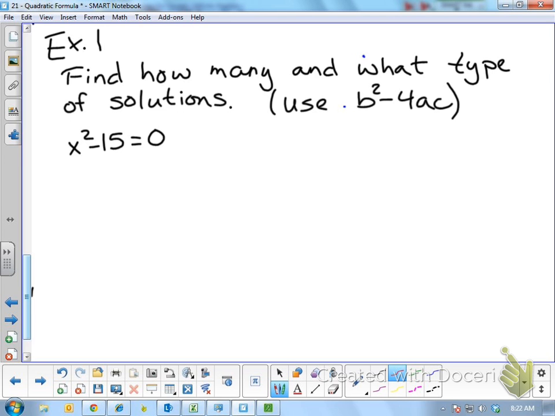When we actually use the whole quadratic formula, it's going to tell us to solve. It'll say find these solutions, not how many and what type. So when it says what type, we're using that discriminant b squared minus 4ac. And then it'll give us an equation, x squared minus 15 equals 0.